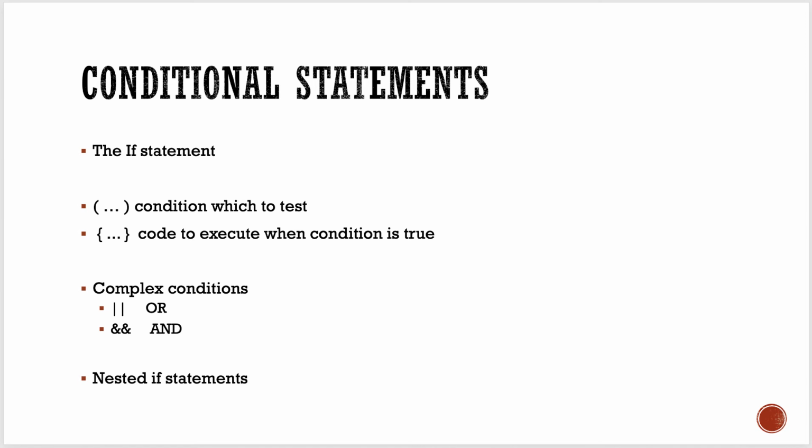Now, like most other programming languages, there are conditional statements using if-else statements, and one can also have complex conditions using and or operators. One can also have nested if statements, like other programming languages if you have familiarity with other programming languages.